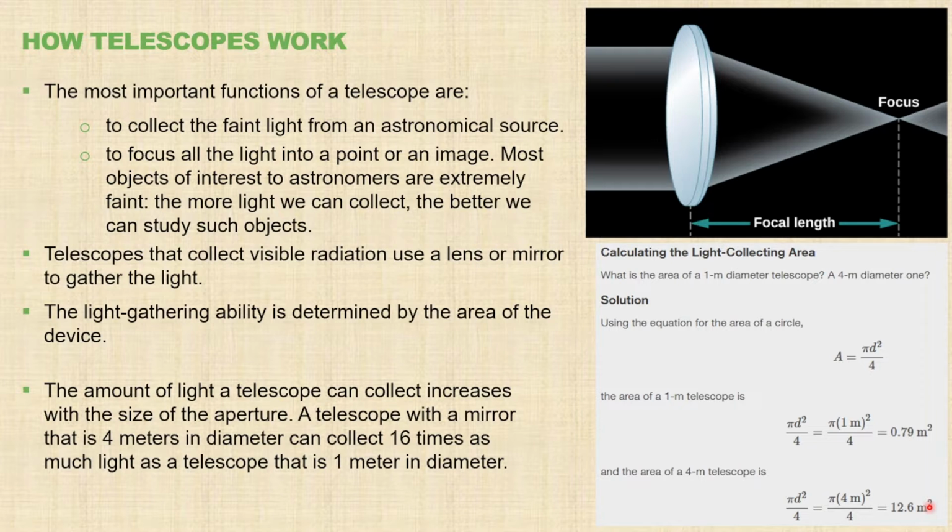That's a factor of 16 difference. So a 4 meter diameter telescope can collect 16 times more light than a 1 meter one, hence producing a better, high resolution, high quality image.